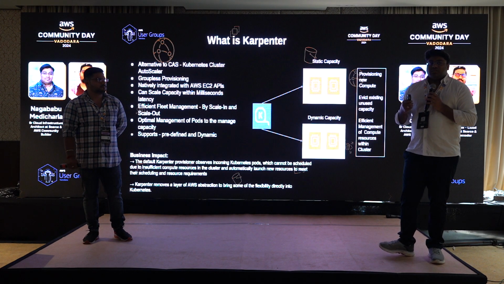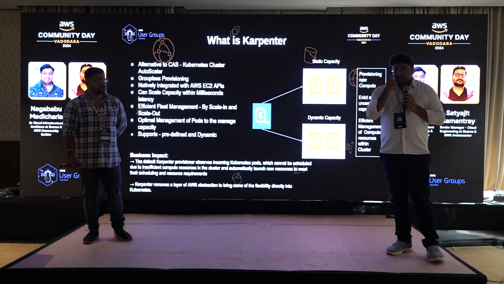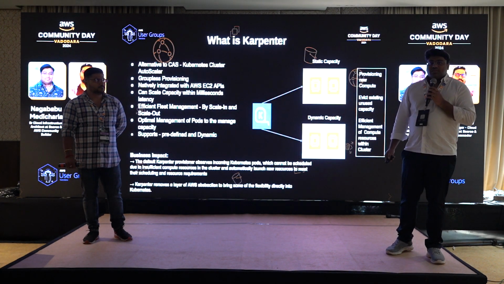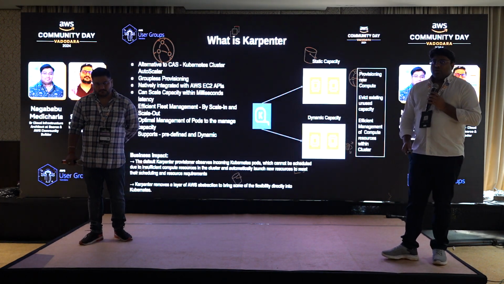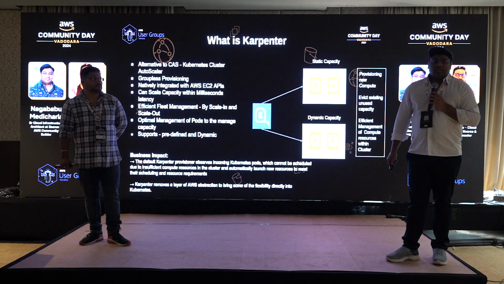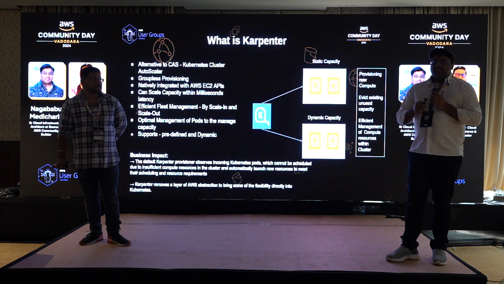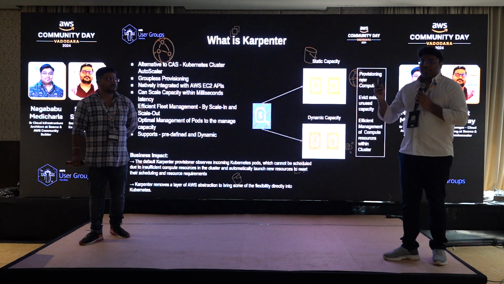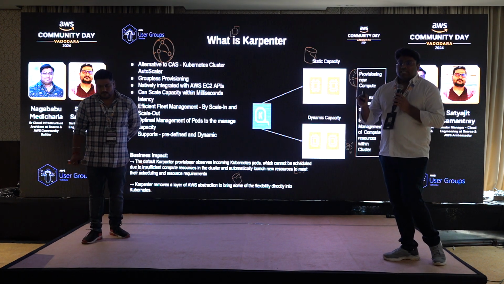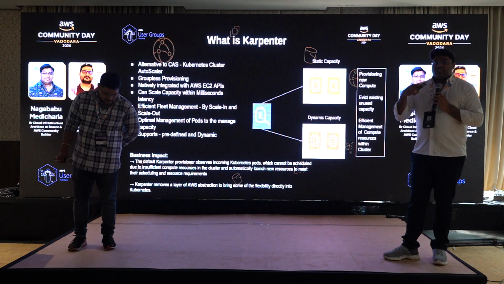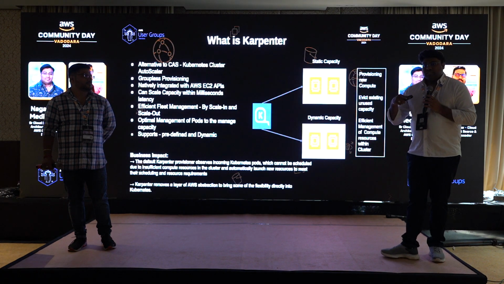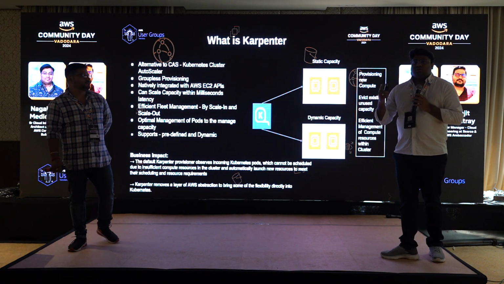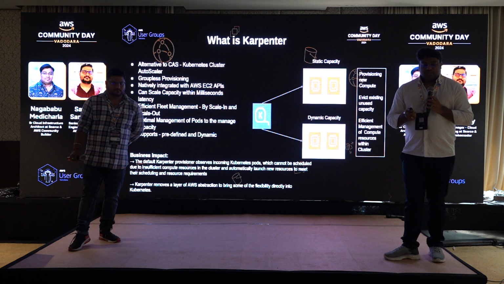Also, unlike cluster autoscaler, which uses the autoscaling group and normally takes time, Karpenter makes an API call and your instance will be up and running in no time. It also scales down at that speed. So you are increasing your efficiency with respect to scaling, as well as controlling your cost.